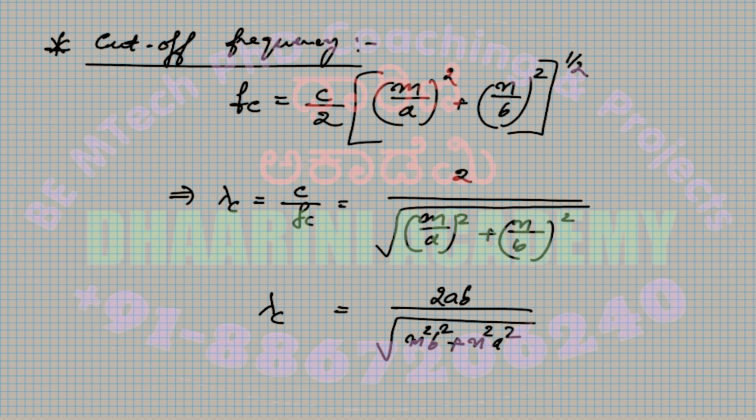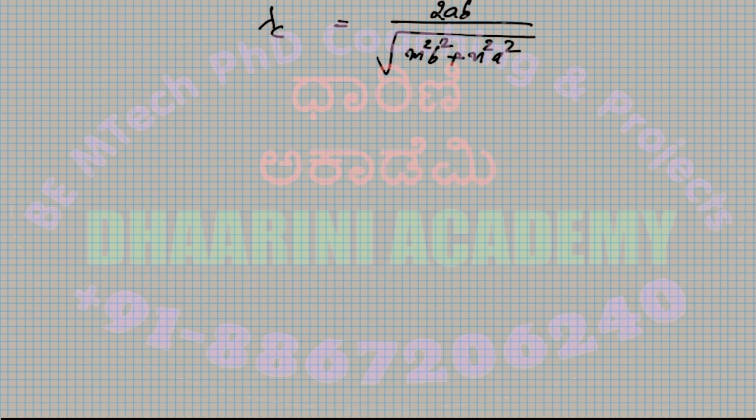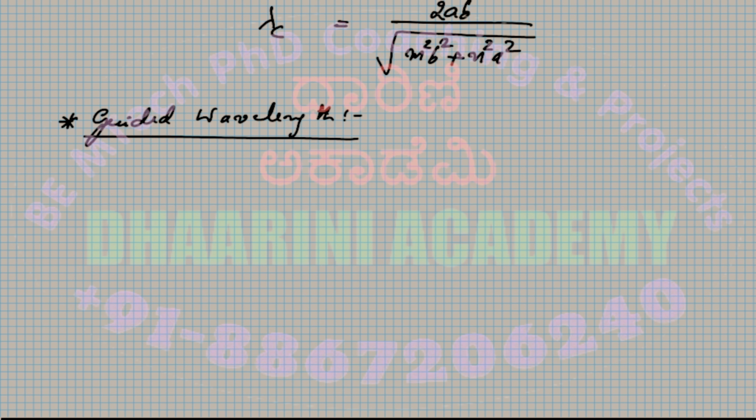Then we have another important term related to the waveguide, which is called the guided wavelength. It is denoted as lambda g of a rectangular waveguide. It's the distance traveled by the wave in order to undergo a phase shift of 2 pi radians.